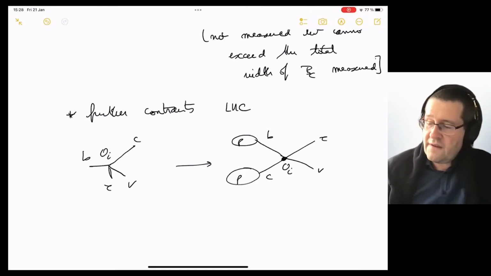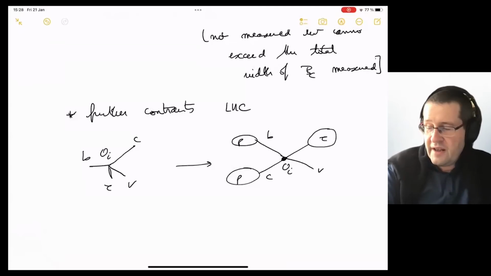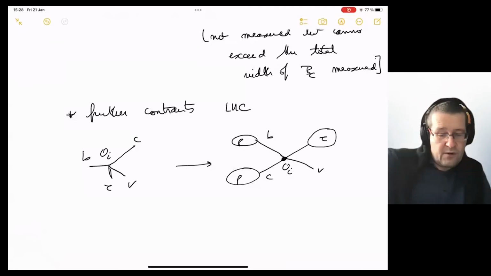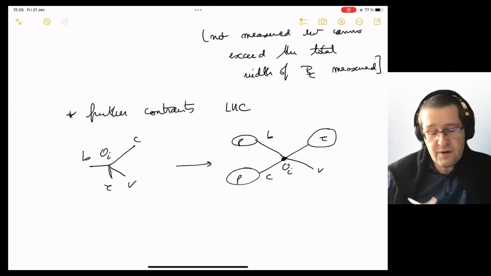And in that case, you would find in the end coming out of your collision a very energetic tau associated with nothing, because you got the neutrino that is flying away.